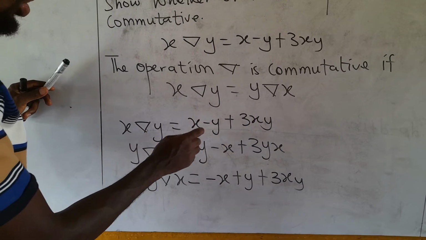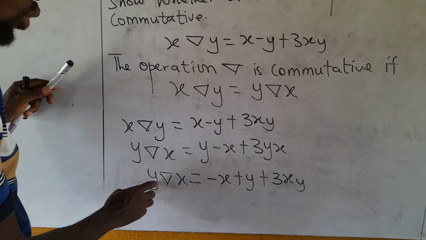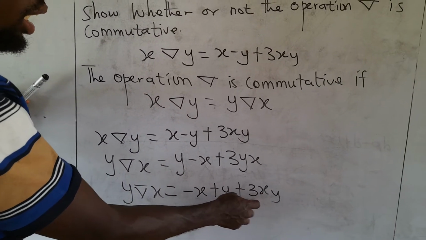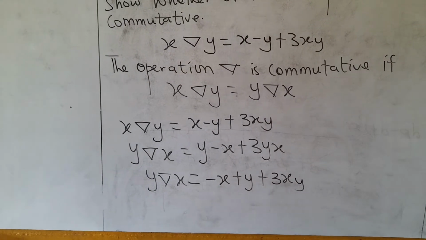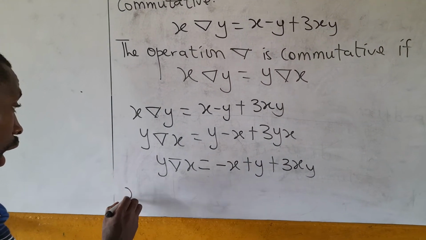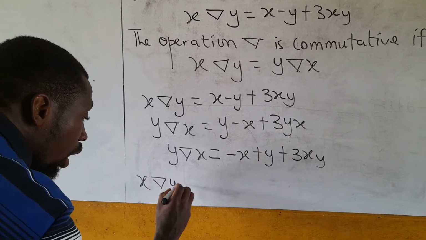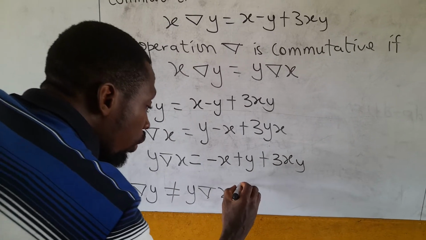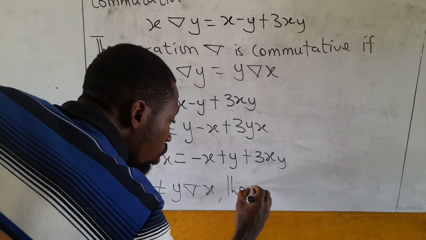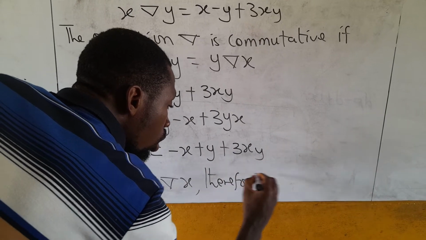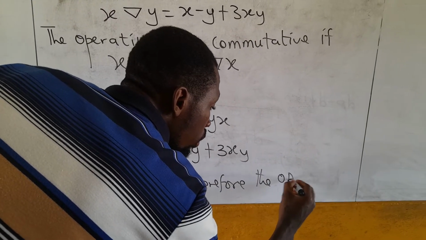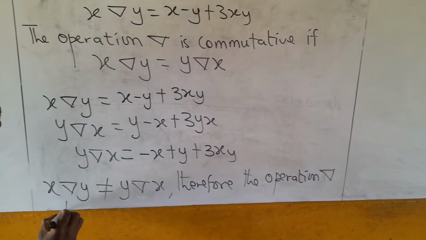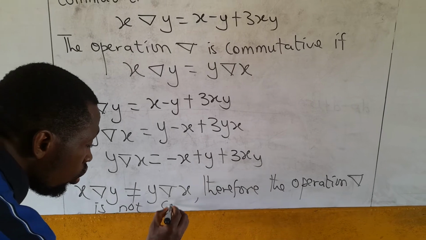Whilst x nabla y is equal to x minus y plus 3xy, y nabla x is rather negative x plus y plus 3xy. So they are not the same. So we can say that x nabla y is not equal to y nabla x. Therefore, the operation nabla is not commutative.